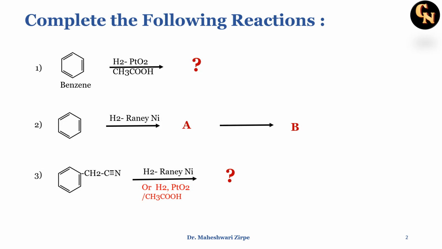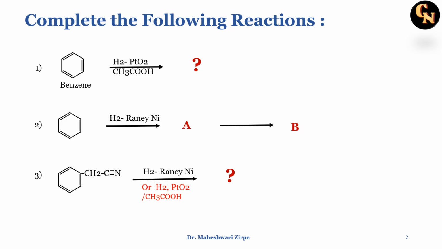First we have to see the catalyst or reagent given on the arrow. Once you understand what reagents or catalysts are given and what their role is, how they take part in the reaction with the starting material, then we can write the products.